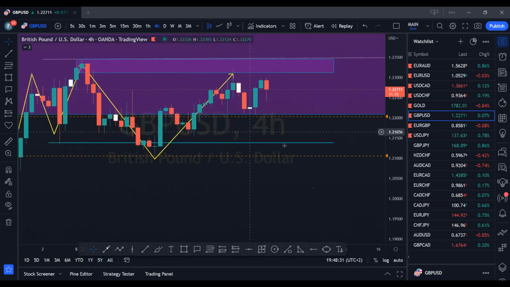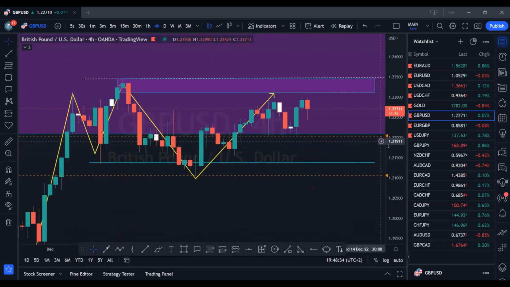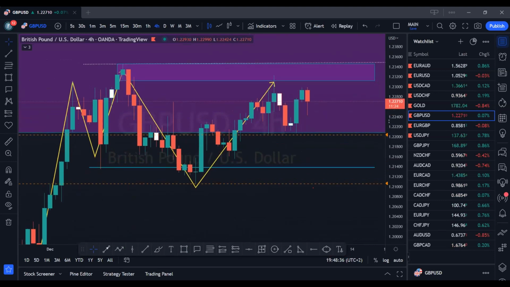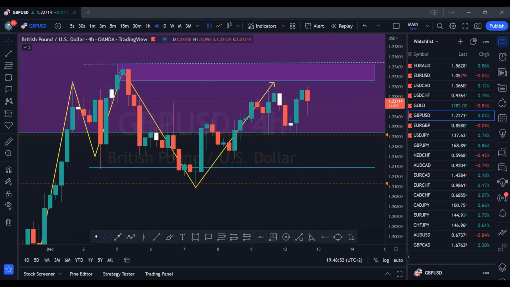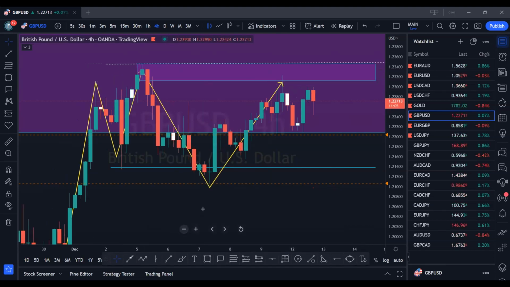Now, if you have been trading this way, you would have taken entry here. This happened on Friday. So you have been in this trade since Friday if you took entry. But let's see if you can get another possible entry.